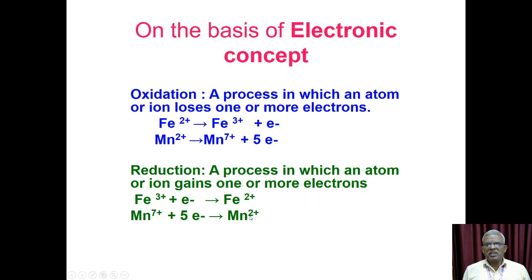Let us see how oxidation and reduction can also be defined on the basis of the electronic concept. What is oxidation on the basis of the electronic concept? Oxidation is a process in which an atom or ion loses one or more electrons. Let us see these examples. Here iron is in the +2 state, so it loses 1 electron and becomes iron 3+, right?